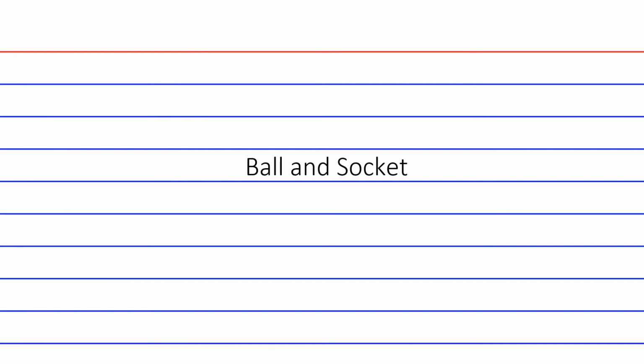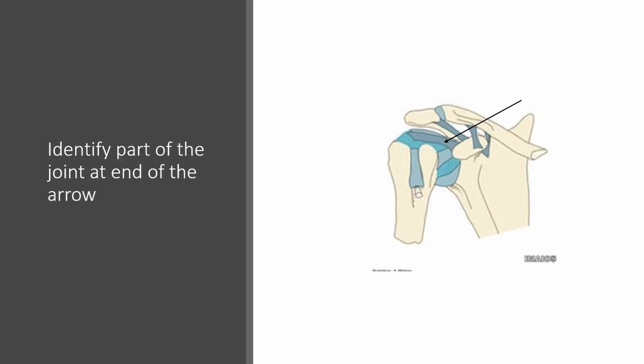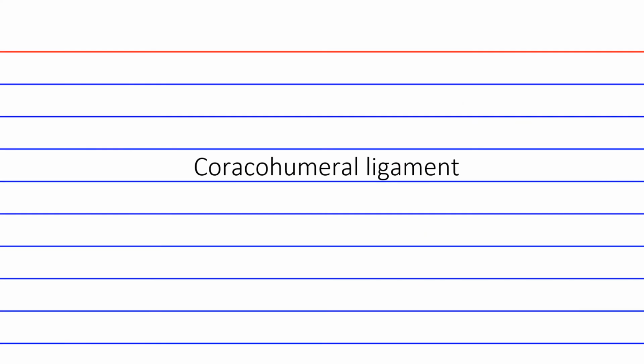It is specifically a ball and socket. Identify part of the joint at the end of the arrow. The answer is the coracohumeral ligament. And that is it for Test Your Knowledge of Joints.